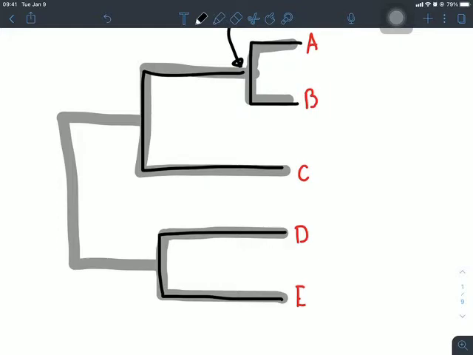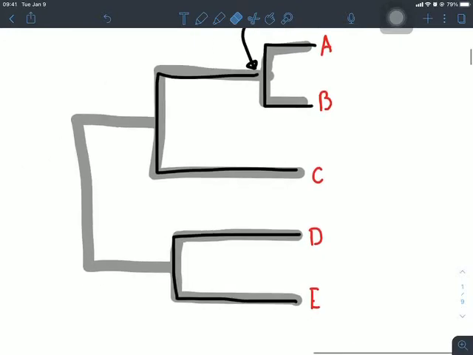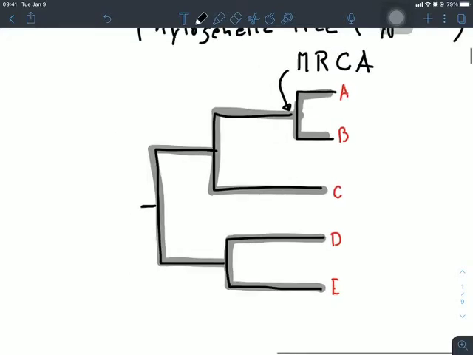Without looking at the back half of the tree, so if we were theoretically going to ignore that section of the tree, we have two different groups. But then, with the incorporation of that back, we can see that the groups A, B, and C can trace their lineage back to a common ancestor with D and E way back here. This allows us to establish which species are more closely related to one another.